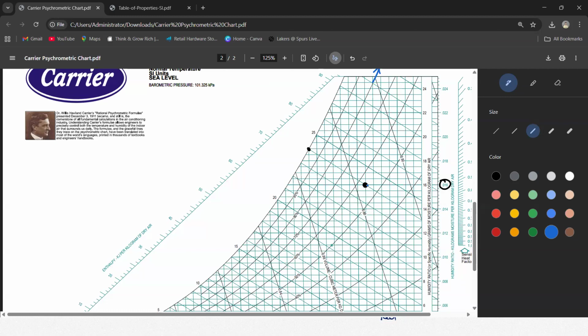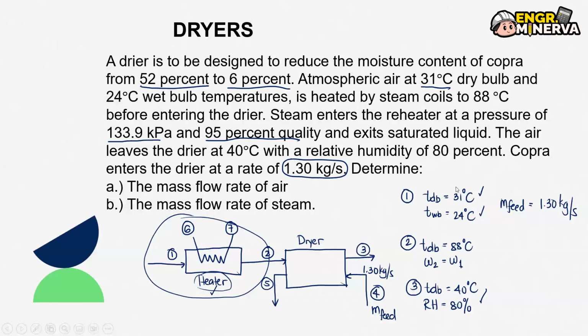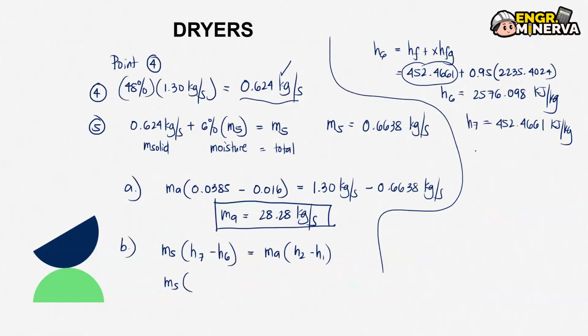So I think that would be 71.5. That is our enthalpy at 1. So H1 is 71.5. How about H2?